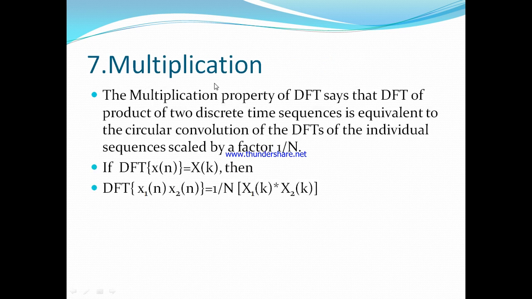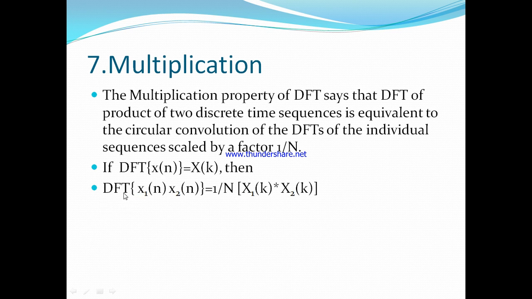Next one, multiplication. The multiplication property says that the product of two discrete sequences is equivalent to the circular convolution of the DFTs of the individual sequences, multiplied by a factor of 1 by N. So the DFT of x of n equals X of k.